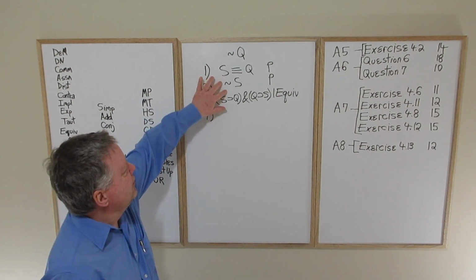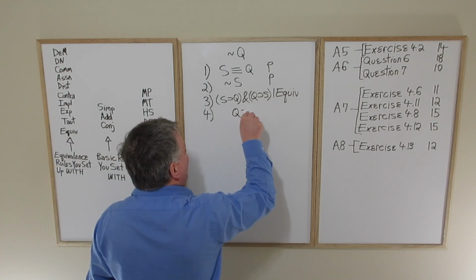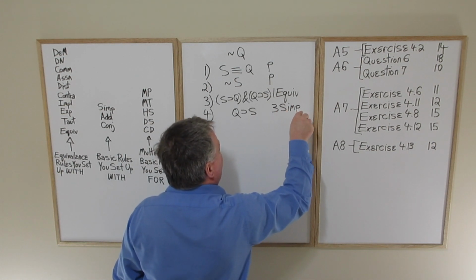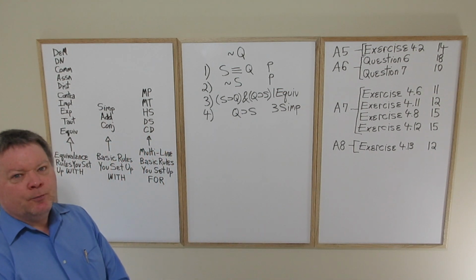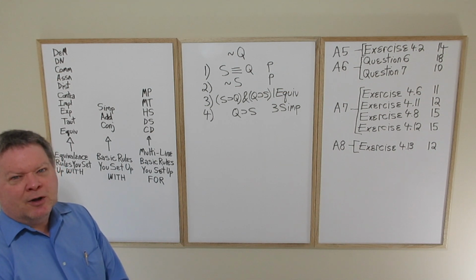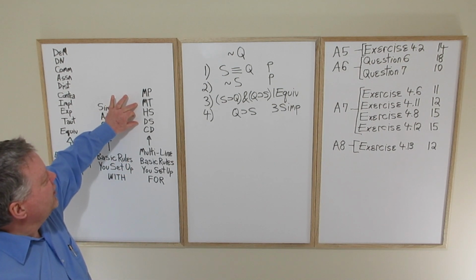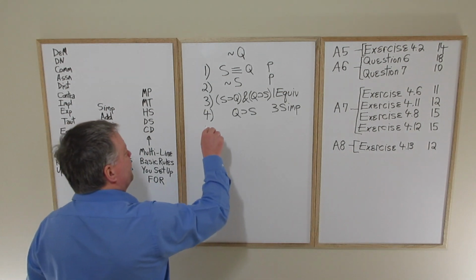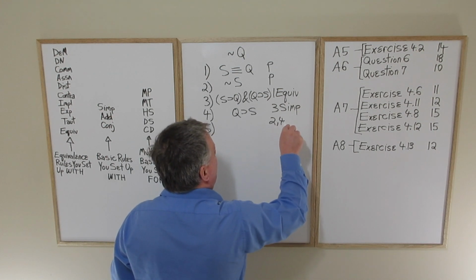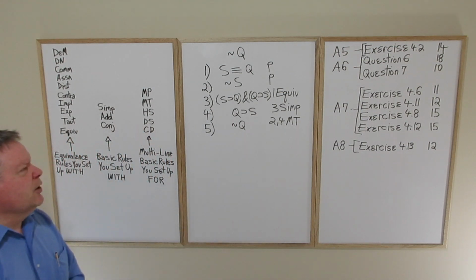If we have tilde S and the conditional on the right, however, then we have a conditional and the negation of its consequent, and that information allows us to validly infer the negation of the antecedent by the multi-line basic rule that you set up for modus tollens. 2 for modus tollens gives us tilde Q.